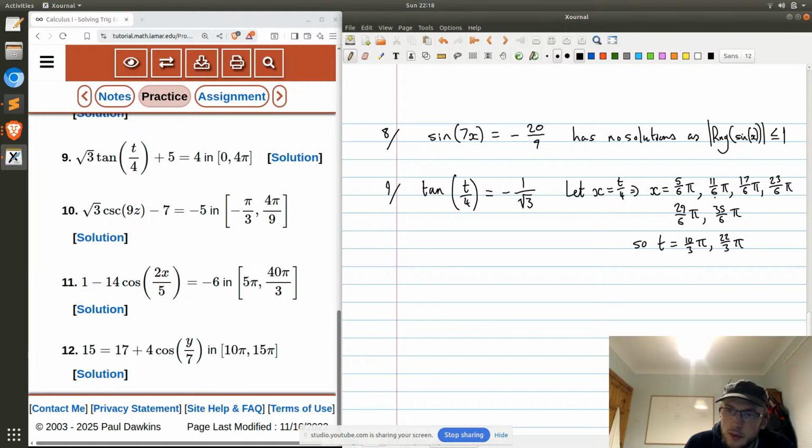Because that'll be 44 over 6, so yes, that's fine. So 34. And wait, perhaps figure this out first. All right, so 4 pi is 12 pi over 3, is it not?